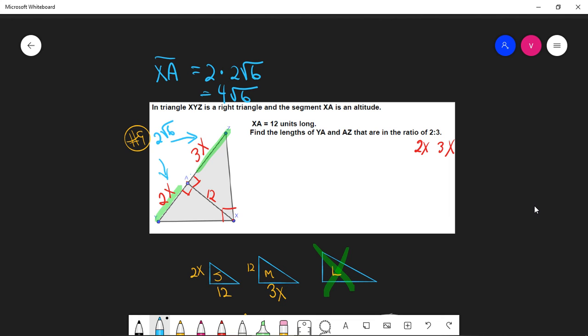And this one here, A to Z, would equal 3 times 2 root 6. And 3 times 2 is 6, so it's just 6 root 6 right there. And there are your two answers.